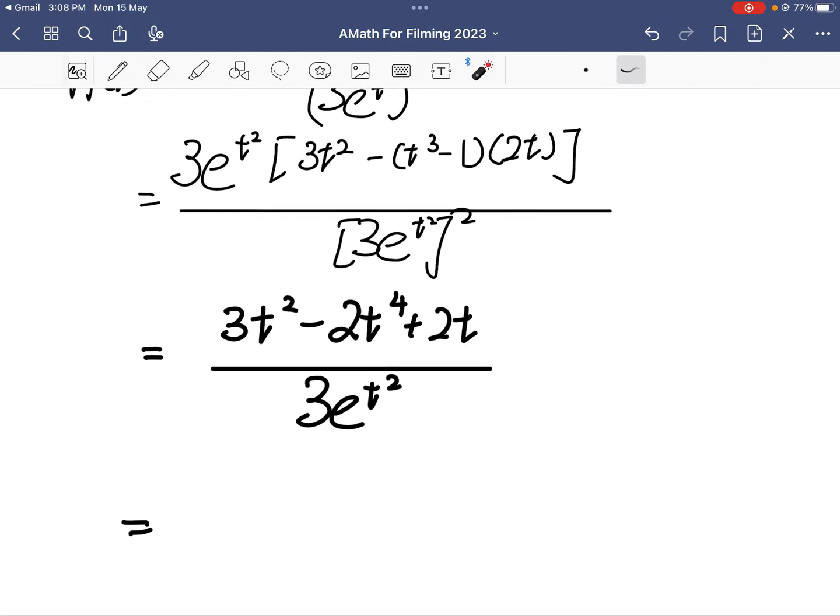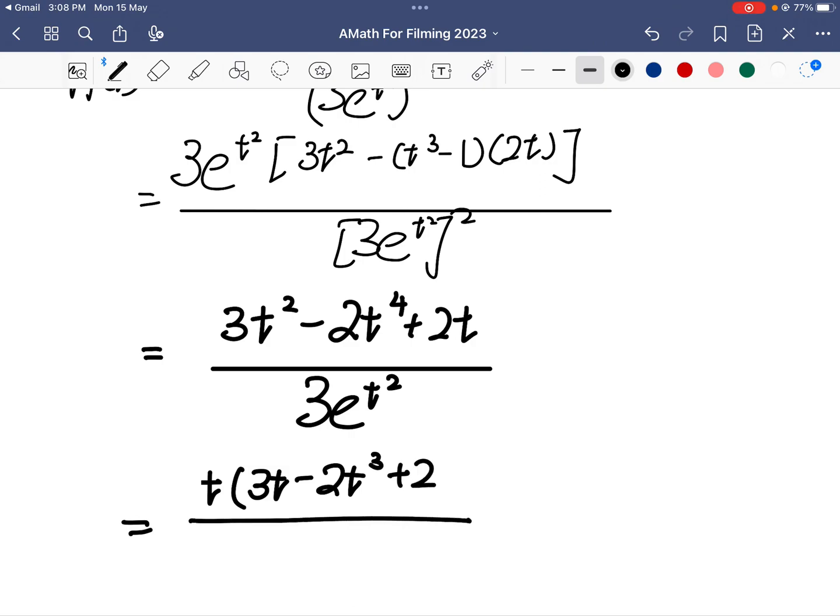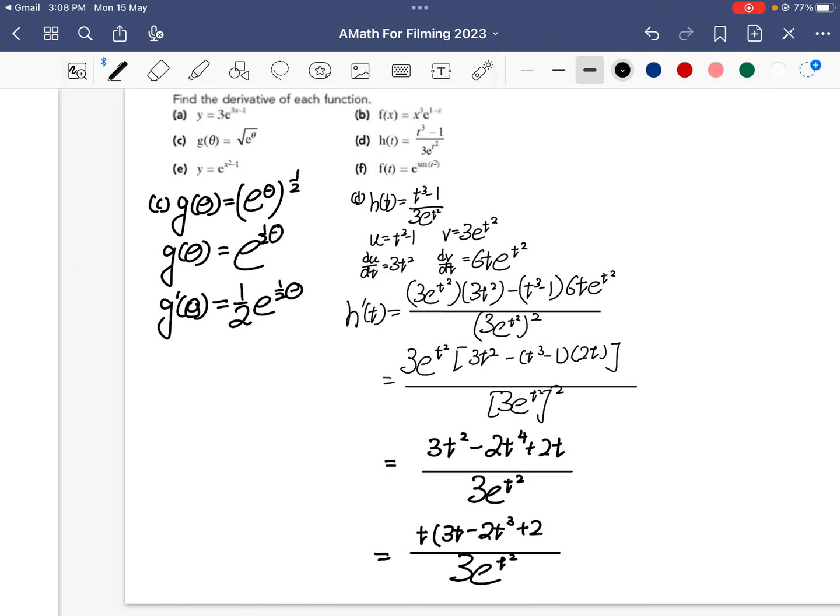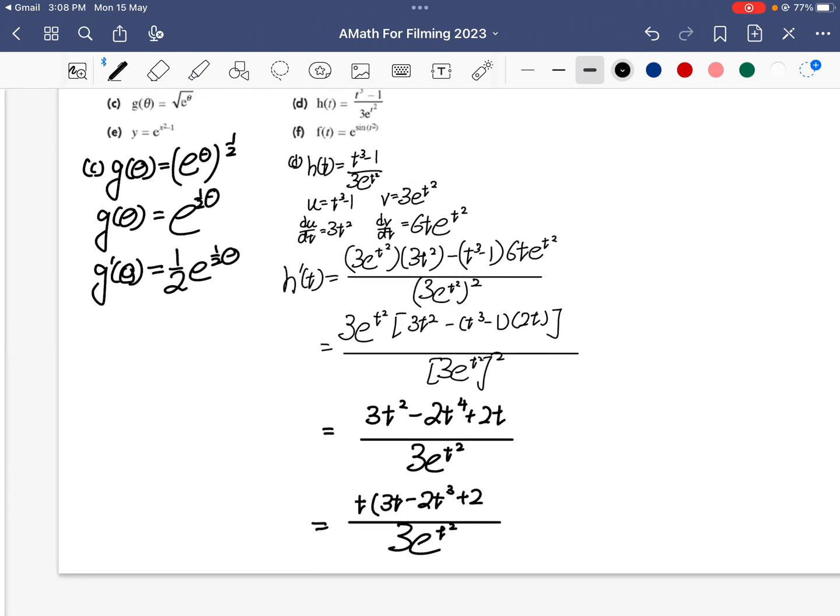Then from my numerator, I notice I can still factorize a single t. So I get t times 3t minus 2t cubed plus 2, over 3e to the power of t squared. And this is it for example 6d.